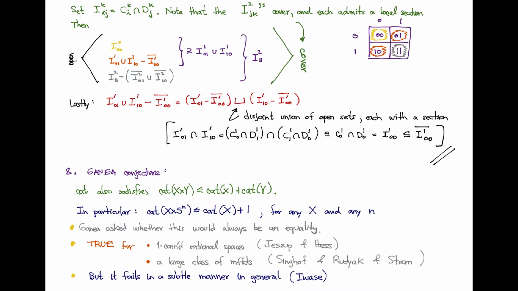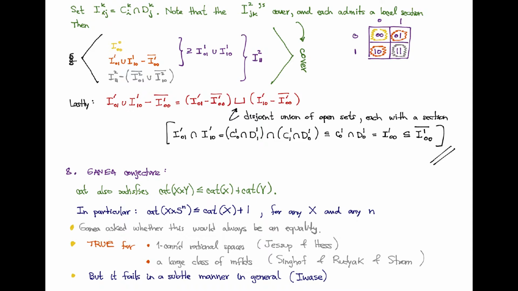It's really nice because it has no torsion. After looking for some examples, people didn't know of examples where this was a strict inequality, and he asked whether this could be an equality for all spaces when crossed with a sphere. And it turns out that it is true in many cases.